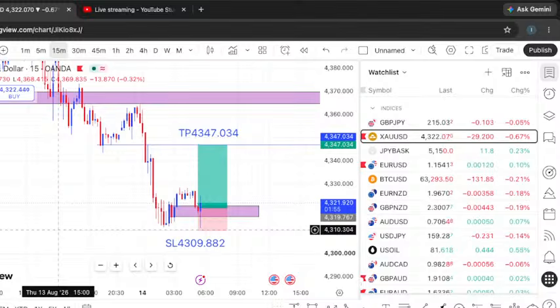You guys ready for a buy on gold? Still have 1 minute for that candlestick to close. We need a confirmation. We need a candlestick closure before we take any trade.